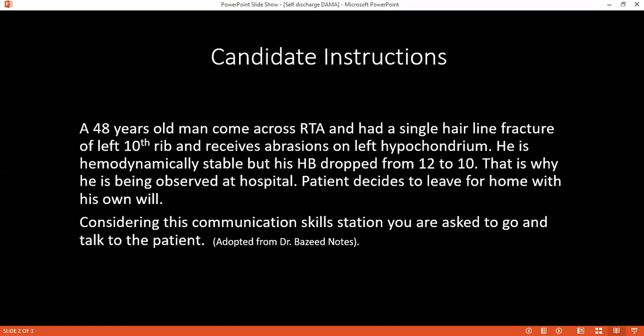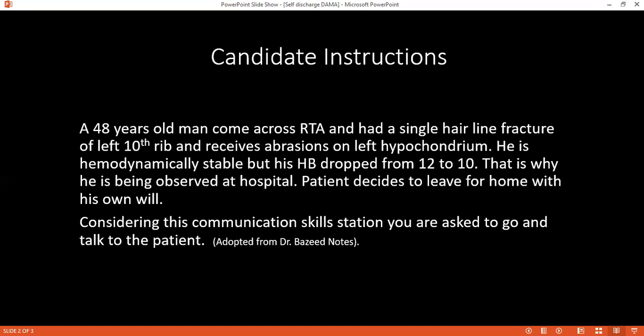Then there was another issue, which the patient would have said: that the patient has an interview as well for a pay rise. So in that instance you can also offer that, okay, we'll talk to the employer, and then the patient will again decline. So then you'll tell the patient, okay, since you are going yourself and you're responsible for all the risks that can happen, you'll tell all the signs and symptoms for hematoma rupture.